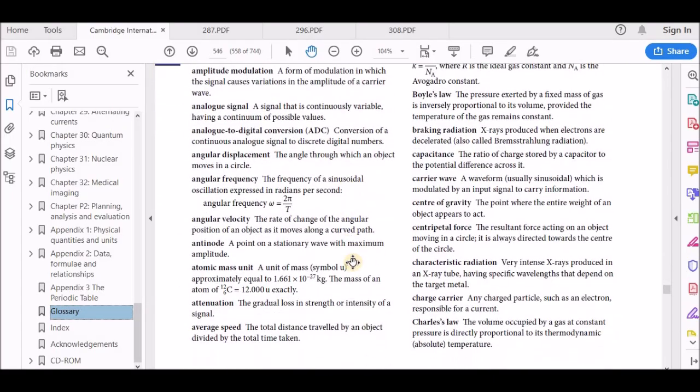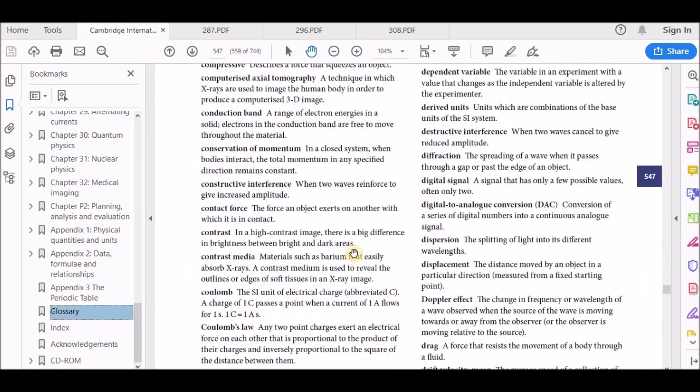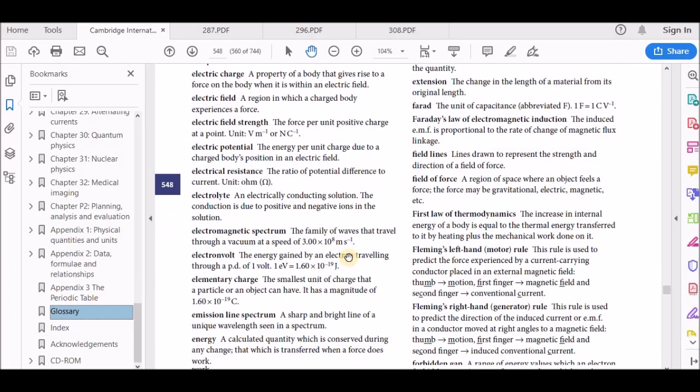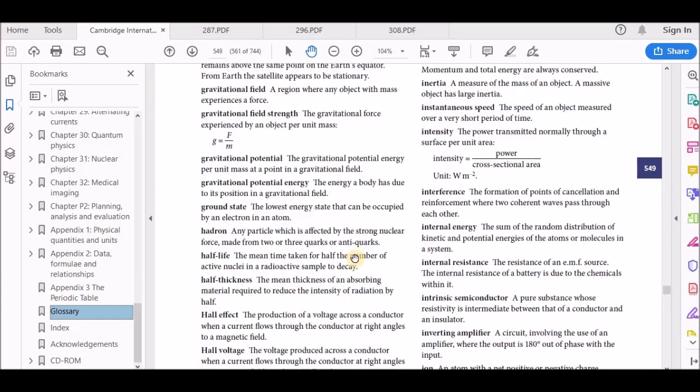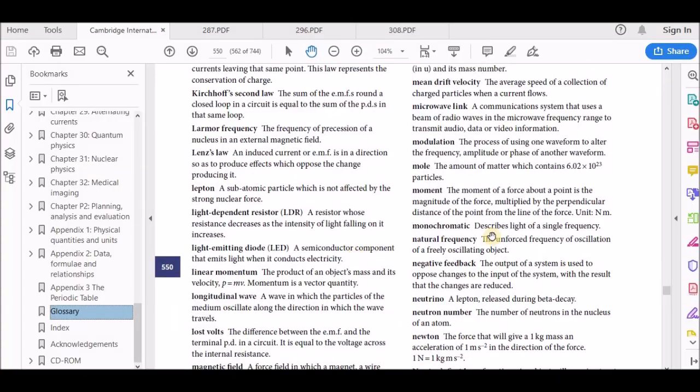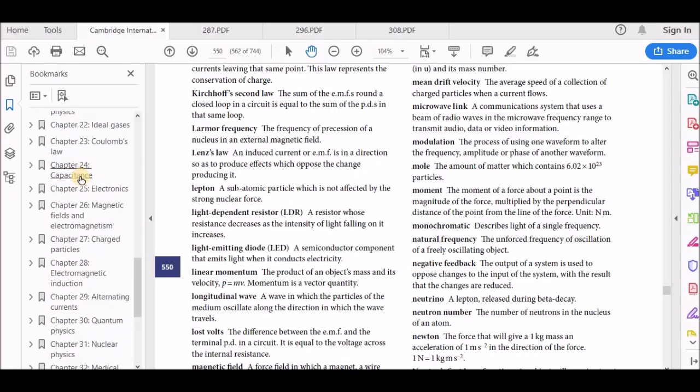Everything here is in alphabetical order. Natural frequency: the unforced frequency of oscillation of a freely oscillating object.